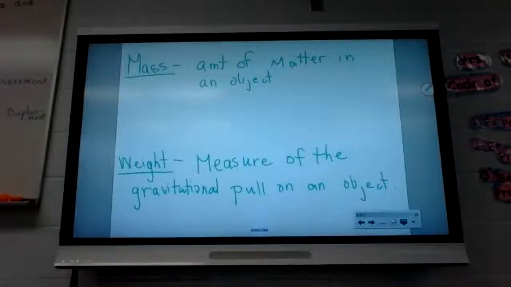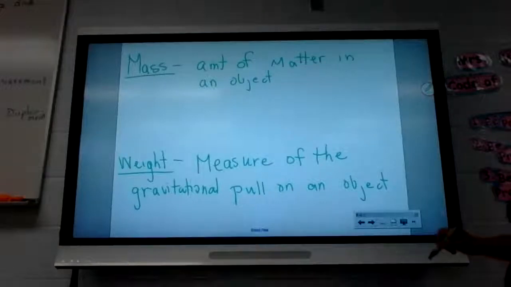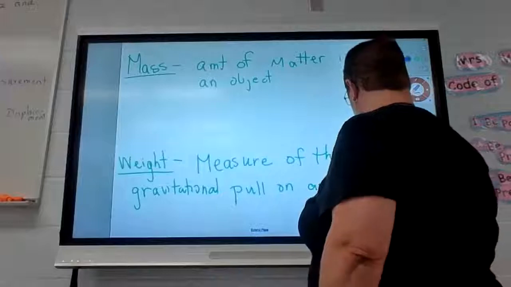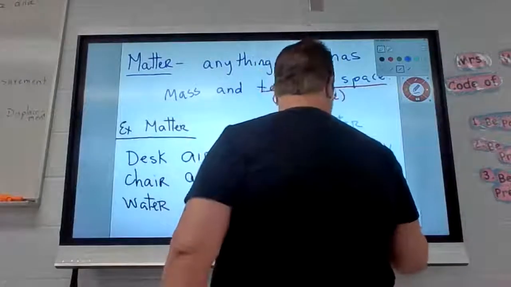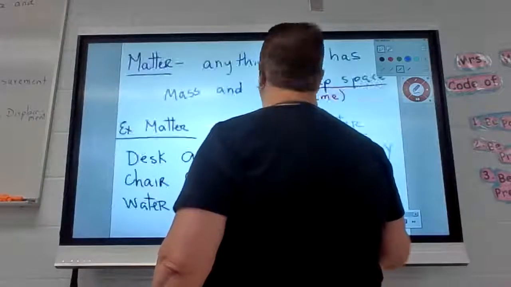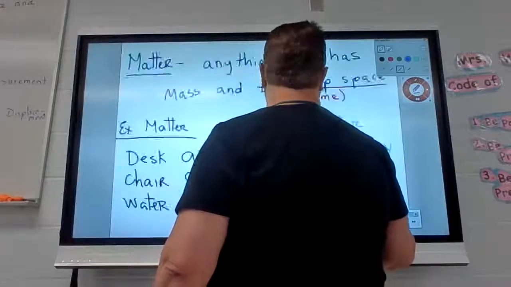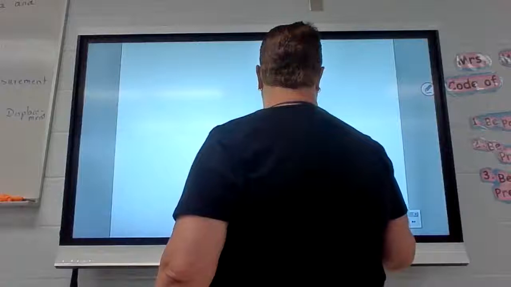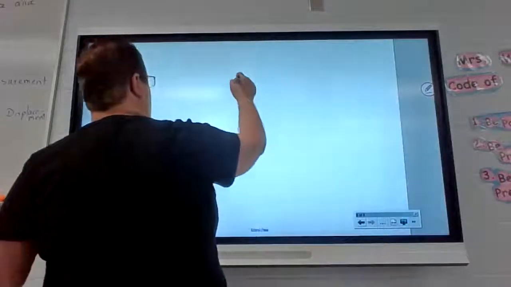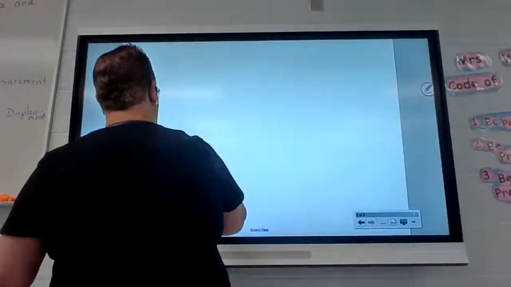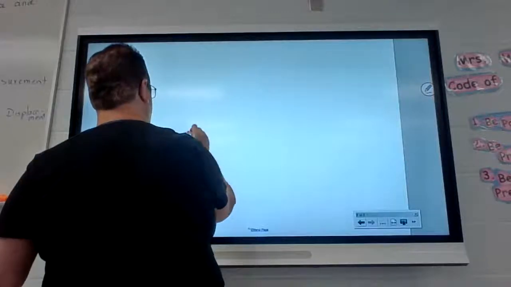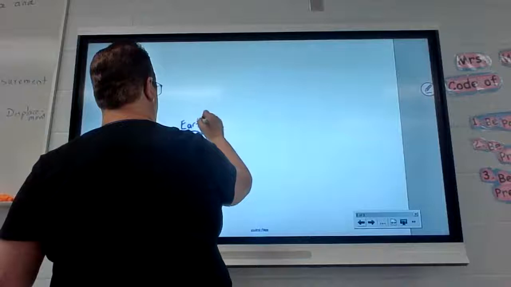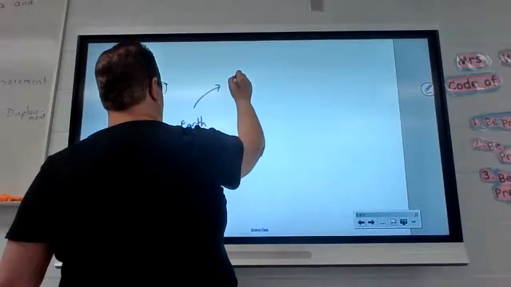So let's say, for example, why are those out of order? Whatever. All right, so let's say that we have the Earth. We travel off to the moon.